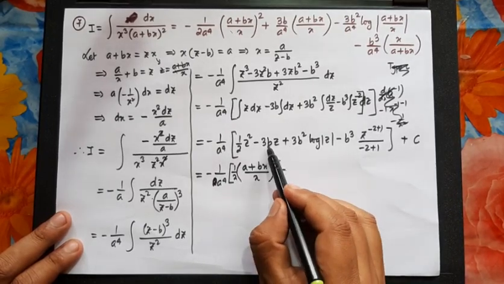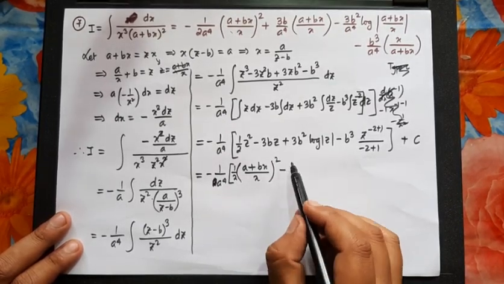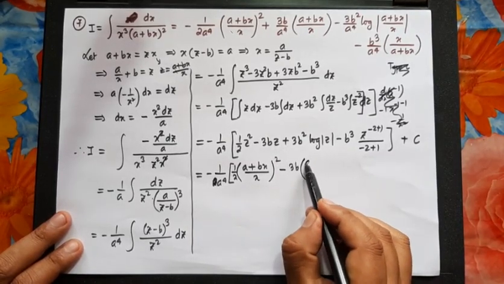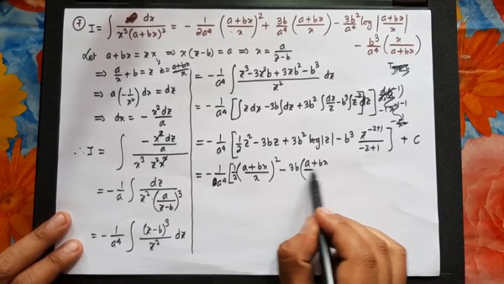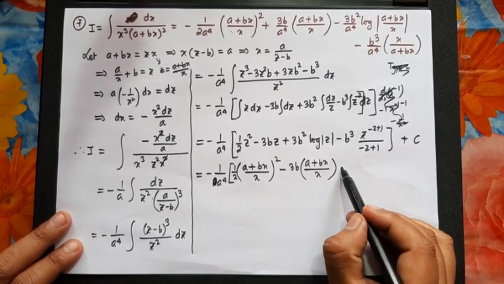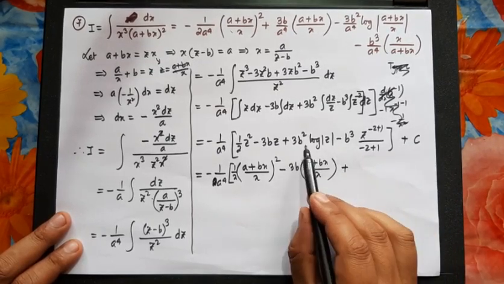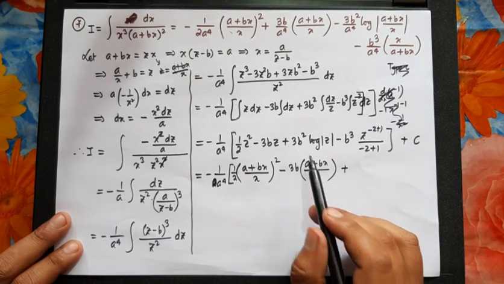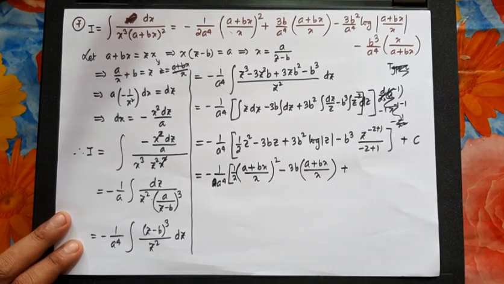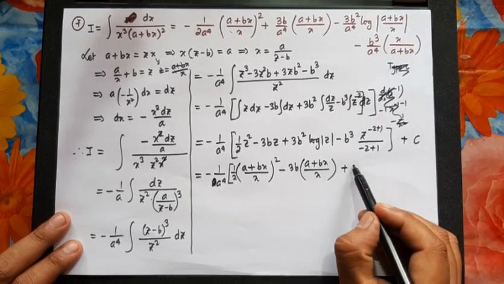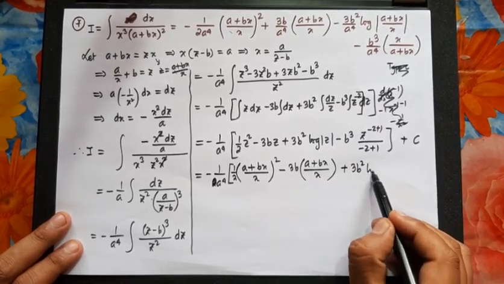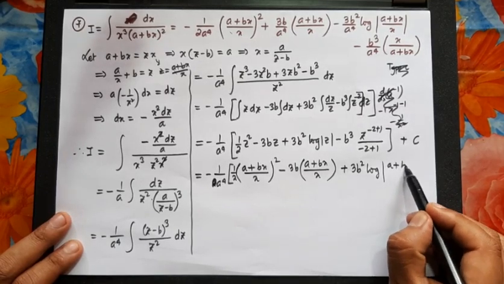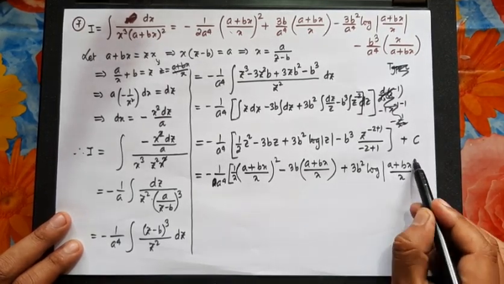Okay, now we have minus 3b z, and how much is z? Z is again a plus bx by x plus 3b square, right? That is 3b square log of z, and again we know that z is a plus bx by x.